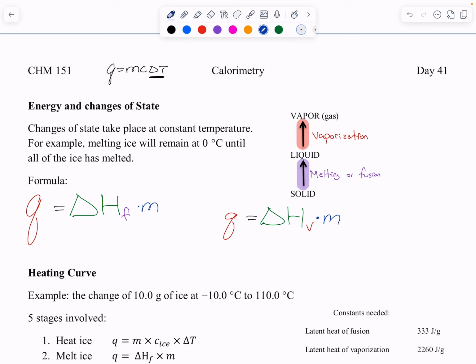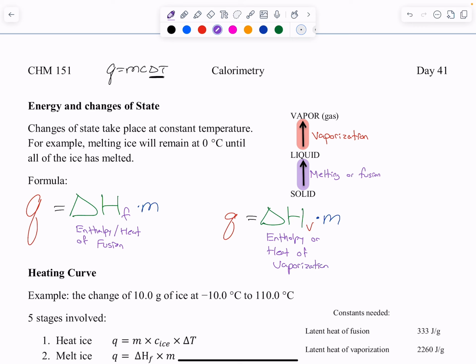All right, so we have the enthalpy or heat of fusion and the enthalpy or heat of vaporization.